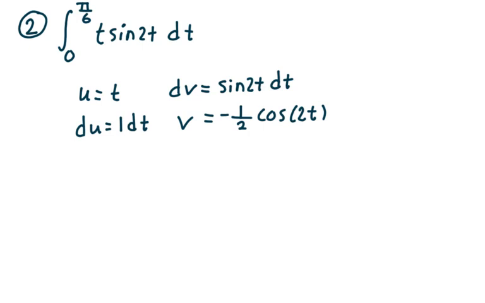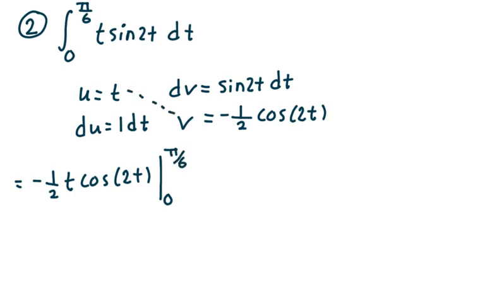And so this is equal to negative 1/2 t cosine of 2t, evaluated from 0 up to pi over 6. That's the first part, that's my uv. Then I'm going to go plus, because I'm subtracting a negative.